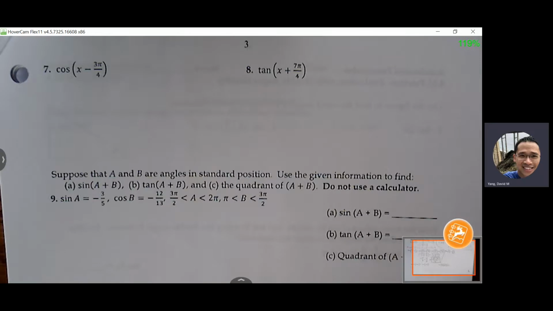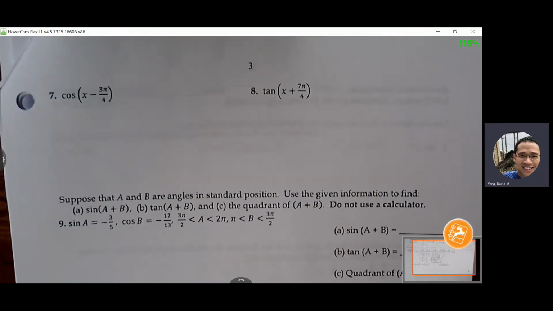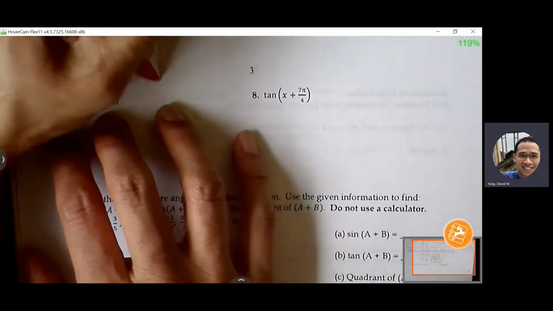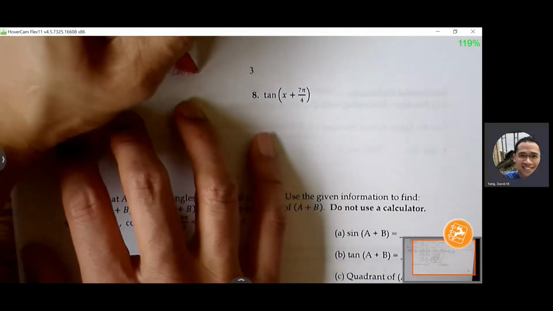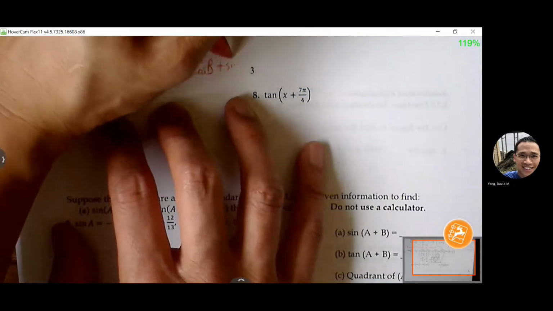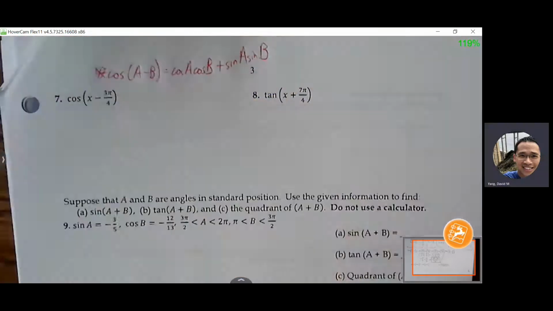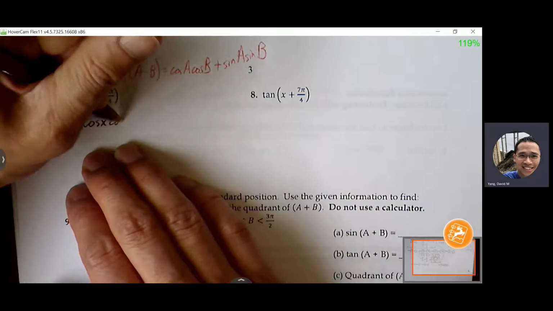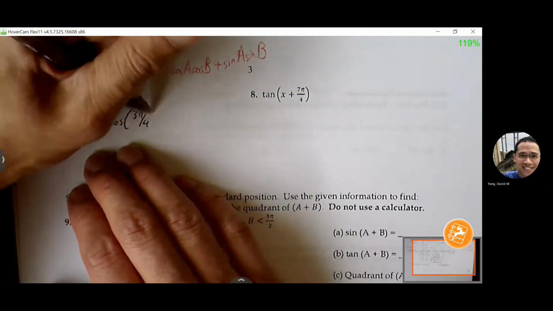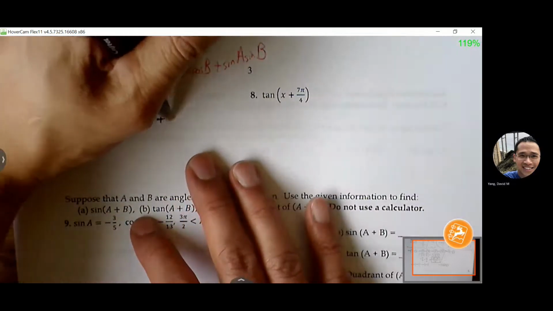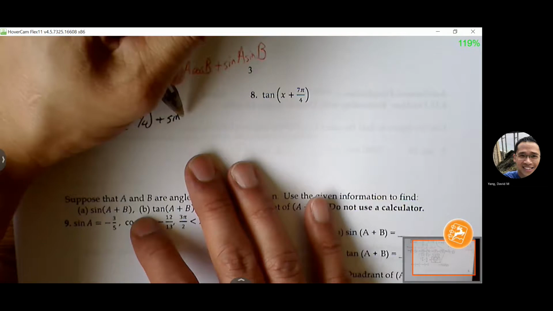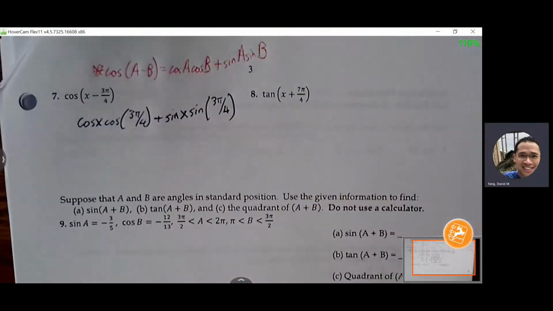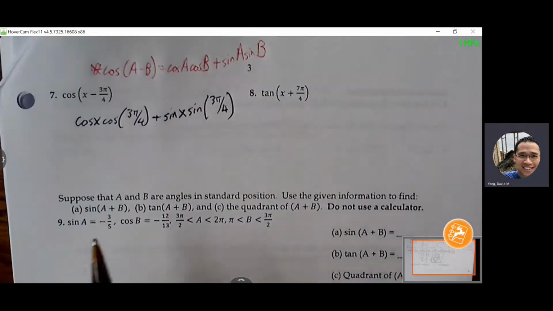Okay, number 7, this matches nicely with cosine of A minus B. Cosine of 3π over 4 is negative root 2 over 2.